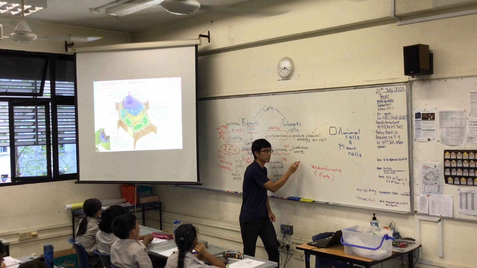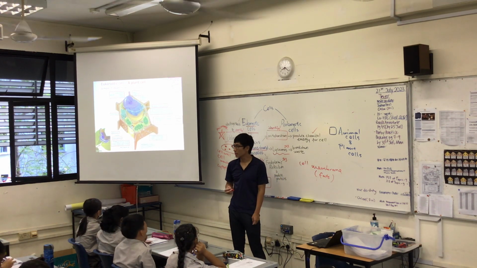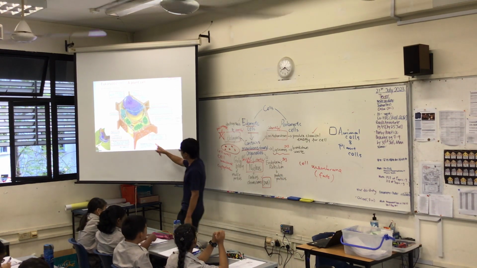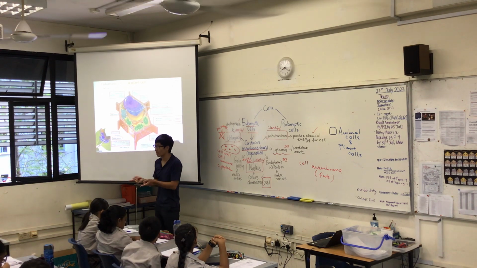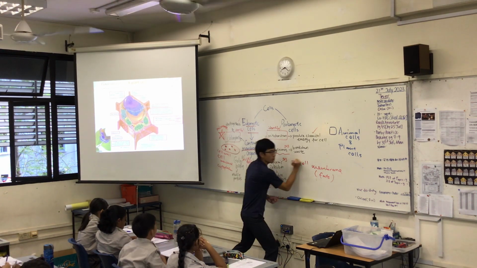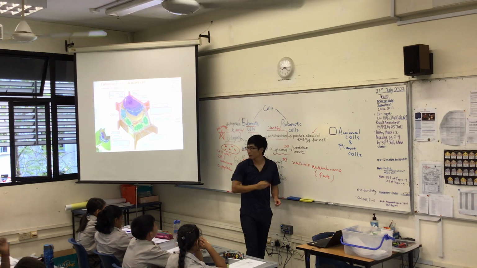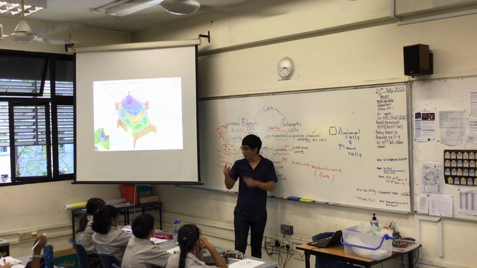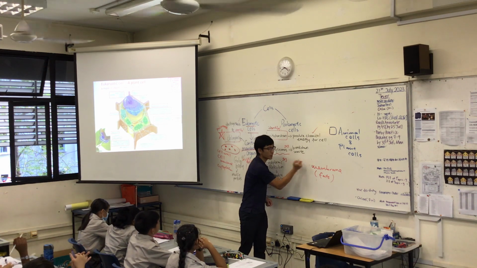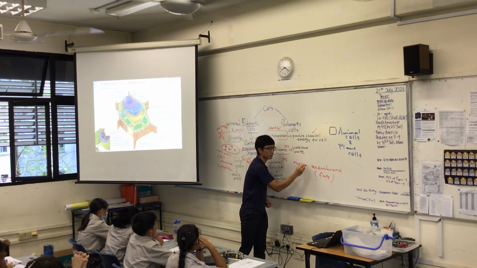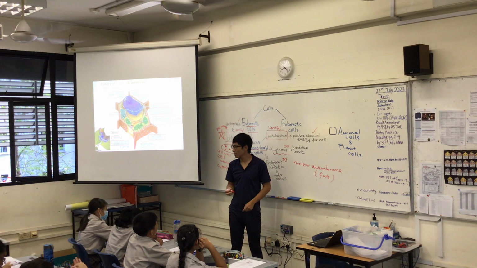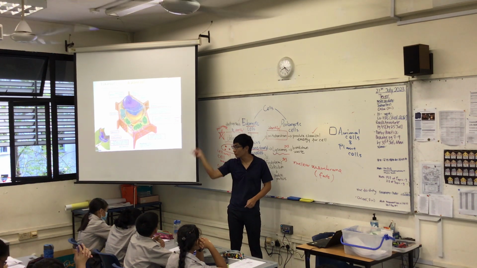If I add the word cell membrane in front, it means that it is referring to the membrane wrapping the entire cell. But if I remove the word cell and I put, for example, vacuole membrane, then it's referring to the membrane of the vacuole. If I remove this and put nuclear membrane, that means I'm referring to the membrane of the nucleus.